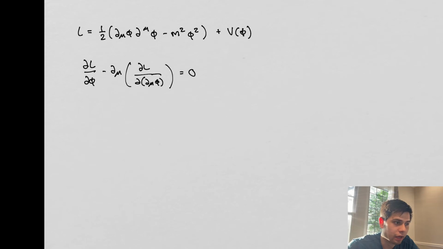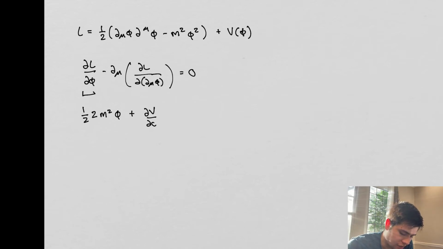So if we were to do that, again, if we consider just this one again, well, this is going to be 1/2 times 2 times m squared times phi, not squared, just phi, plus our dV d phi, because again, V is a function of phi, not the derivative of phi.